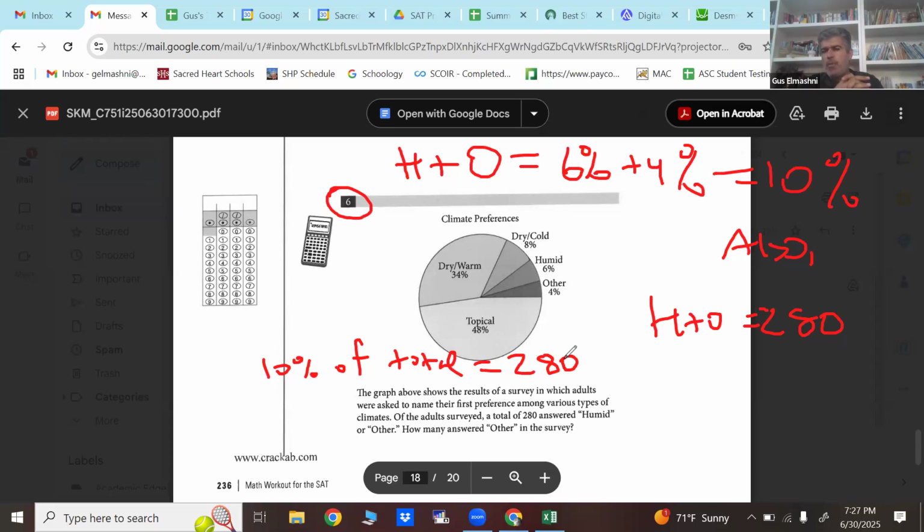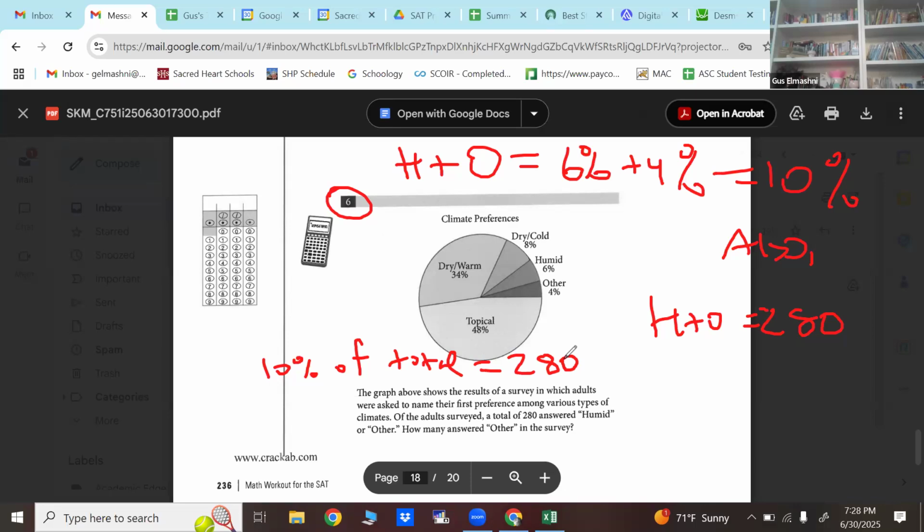So how many total people were surveyed? How would I solve that? Backtrack's good. Okay, so human plus other is 10%. Actually, I'll stand up, I need to stretch my legs a little bit. All right, so that's 10%, and these two together also add up to 280 adults. So 10% of all the people who were surveyed is 280 people.